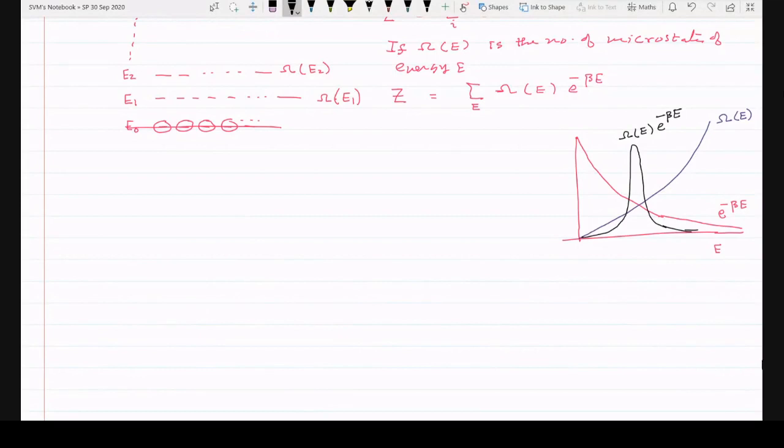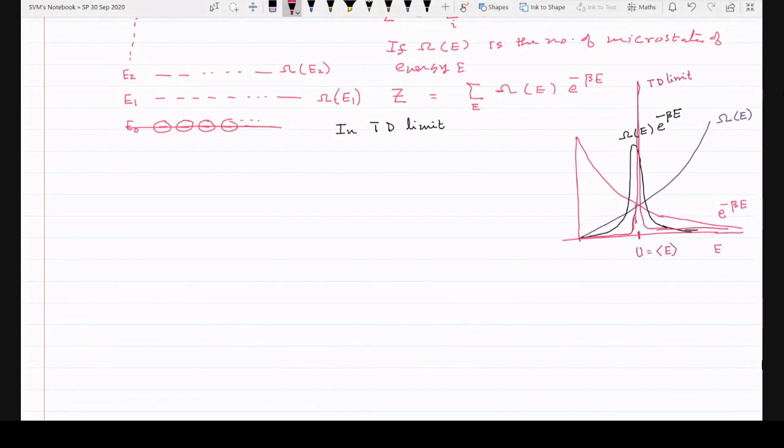Now what happens in the thermodynamic limit? In the thermodynamic limit, this function becomes very, very sharply peaked, in such a way that there is a particular value of energy, which I will call U. In thermodynamics, we call it the internal energy, which is the same as the average energy of the system.